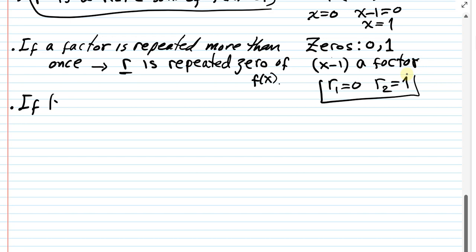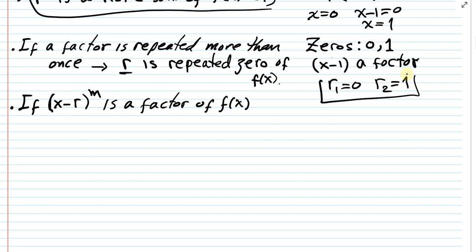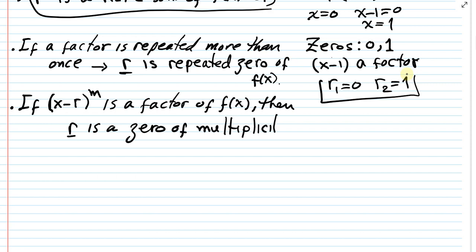Okay, now if x minus r to the m is a factor of the polynomial function f of x, then we say that r is a zero of multiplicity m.